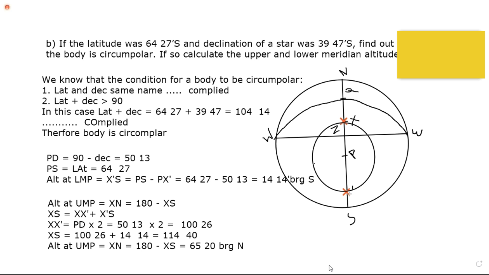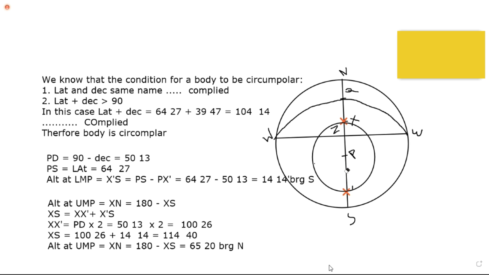Here altitude is bearing south of the observer. Here the body is north of the observer. Okay? Right. Decide which will be LMP and which UMP: the one between the pole and the rational horizon is LMP, lower meridian passage.